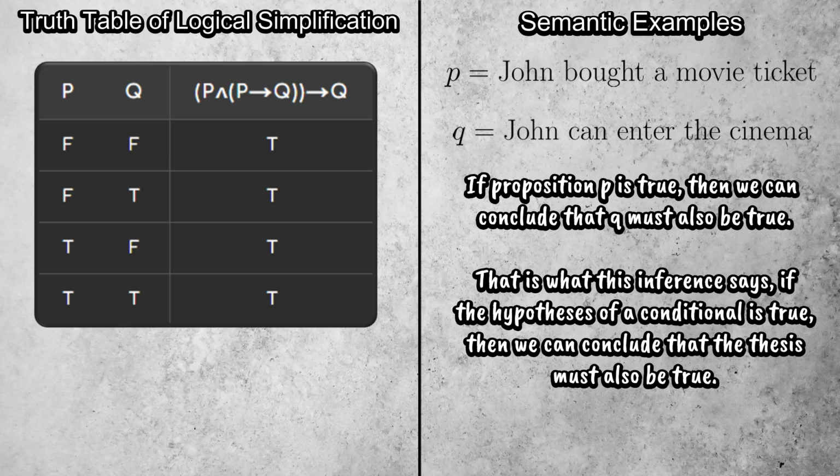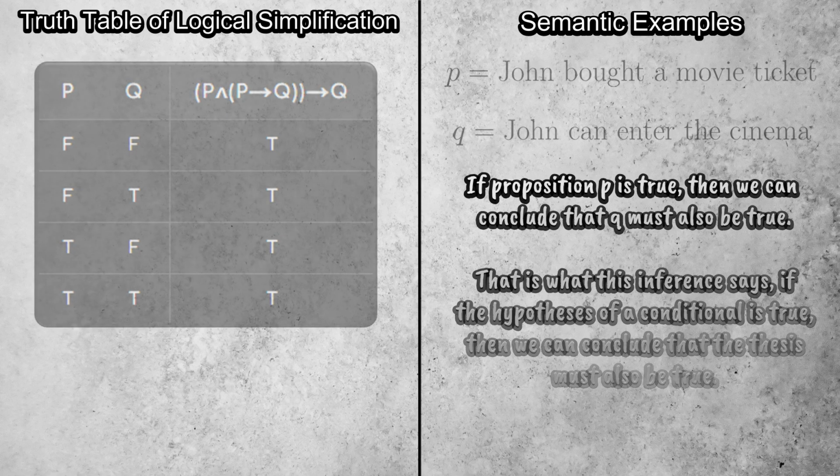If we accept both P and P implies Q, we can logically conclude Q. If we check the truth table for this, we notice that this represents a tautology.